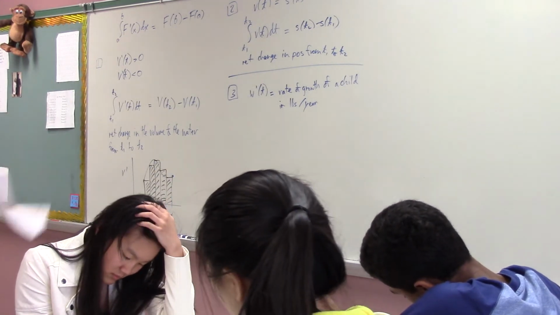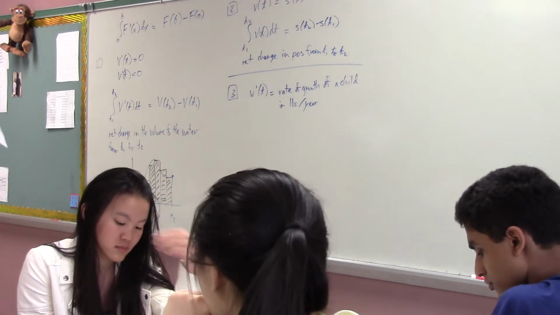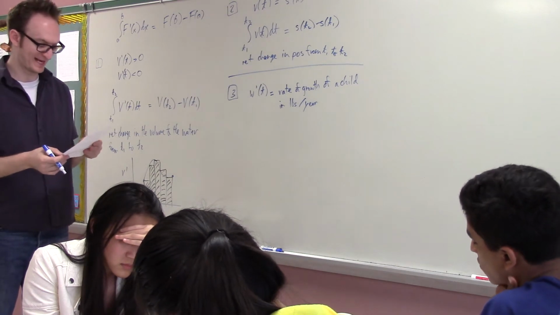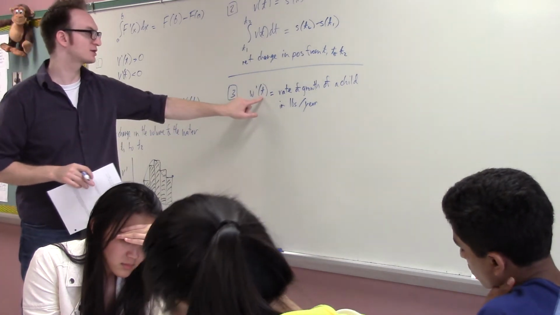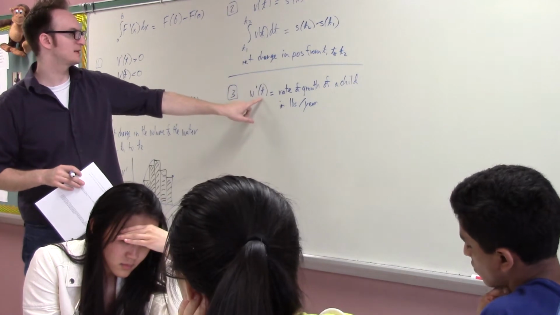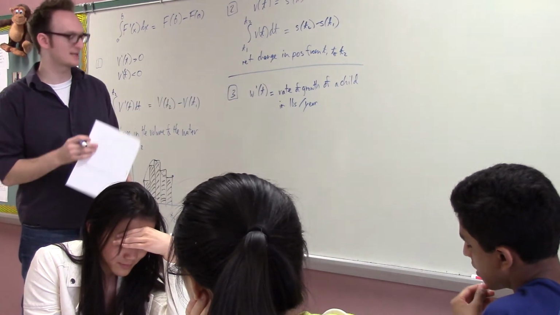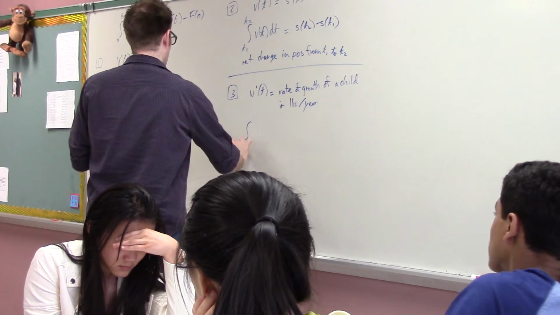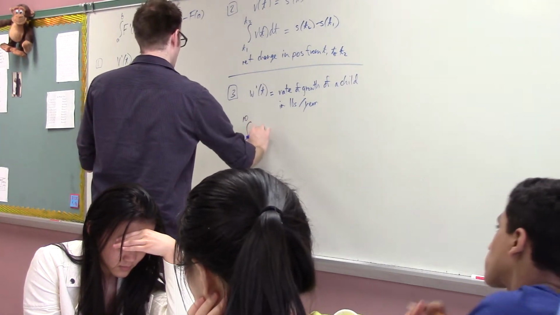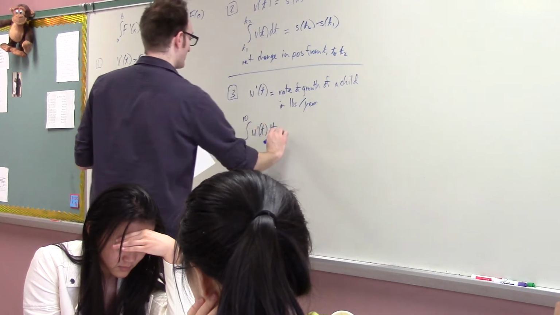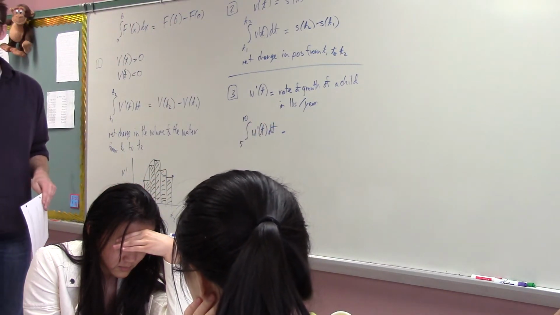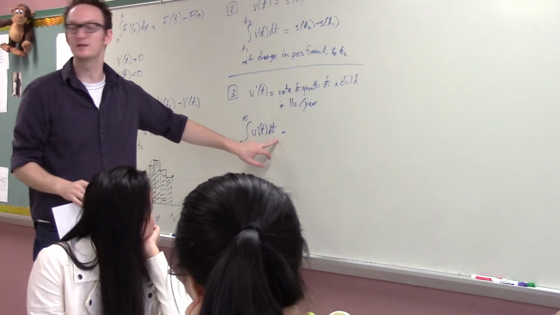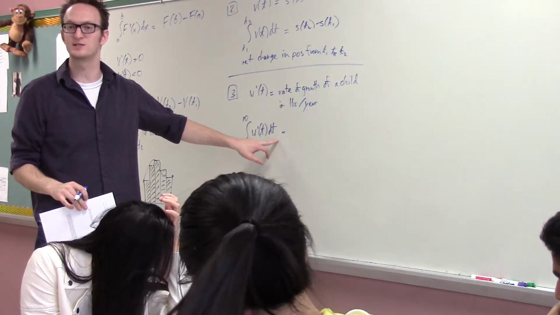Okay, so if W prime represents the rate at which a child is growing at a particular time, let's think of it as age. So if T is the age of the child in years, and W prime of T represents the rate at which the child is growing at a given time, then what does the integral from 5 to 10 of W prime of T dt represent in words? Net change in growth. Yes, it is how much weight the kid gains from age 5 to age 10, right?